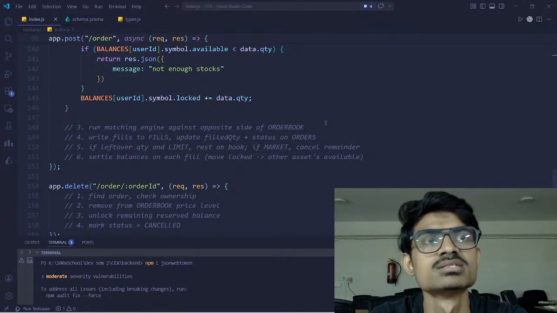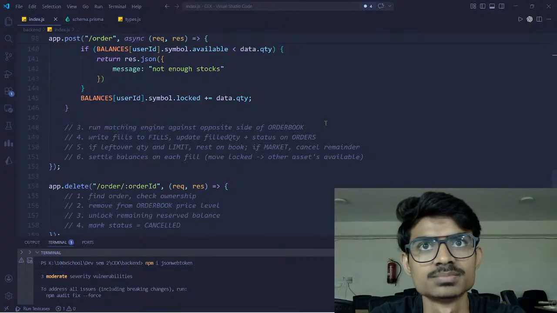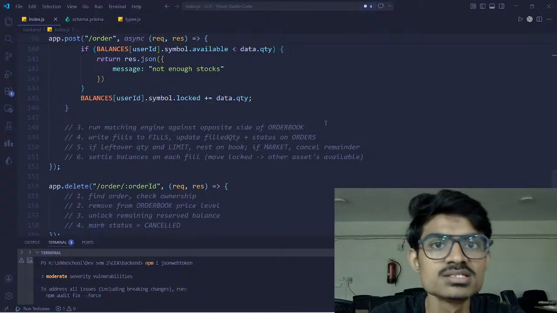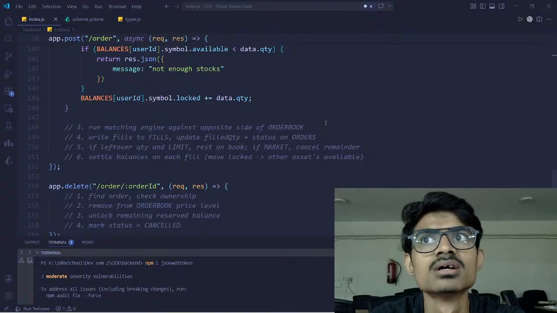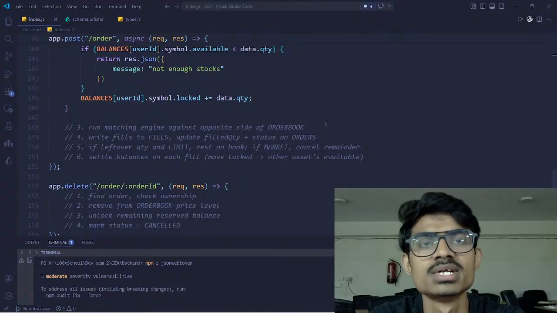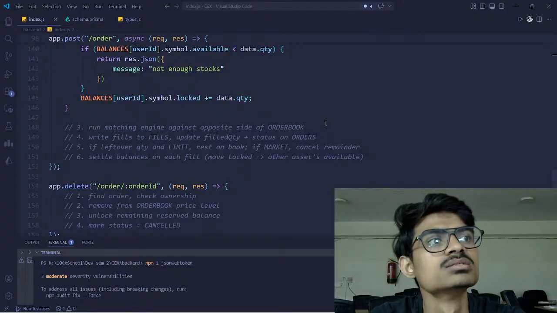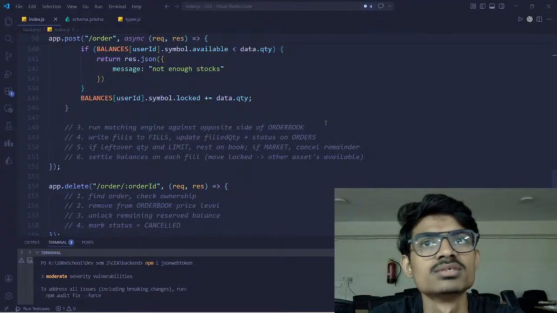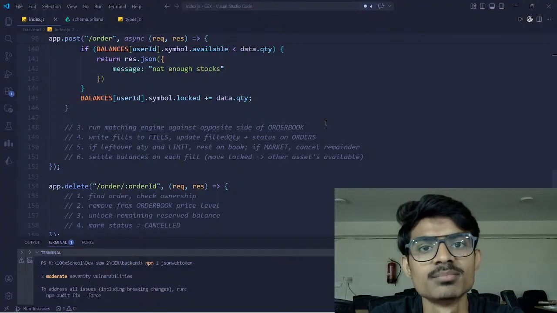What else would happen? The trader who's selling that stock, his balance would increase and his stocks would decline. So we have to match how much we are buying, and whether he is selling enough at that price or less.